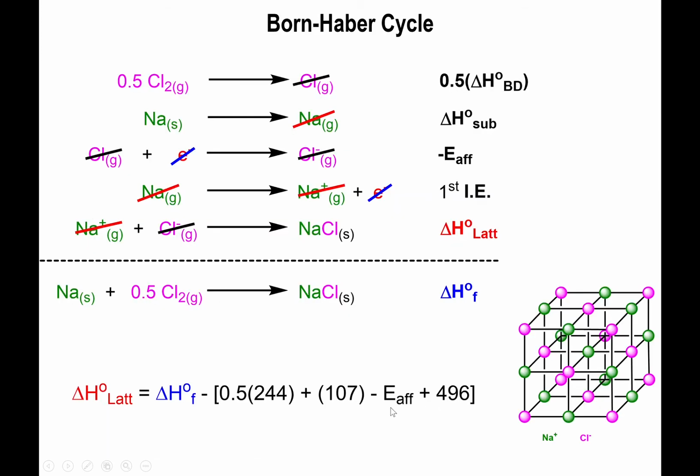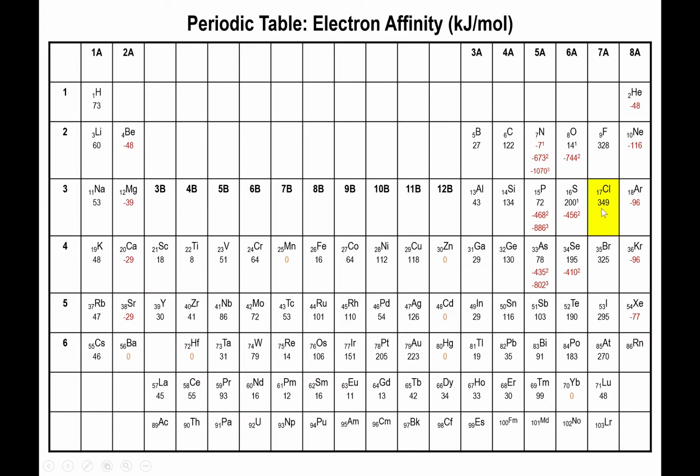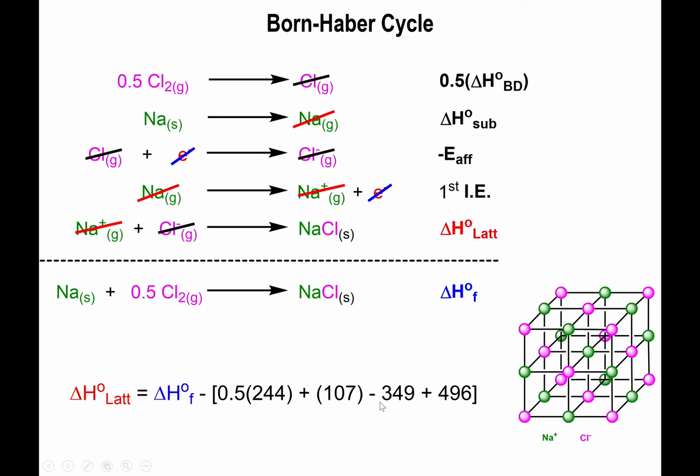And the electron affinity of chlorine is 349, so we're going to multiply that by -1, so now we have -349. Added together, everything in the brackets equates to -376. And the delta H of formation will have to be another value that I provide you with, which for sodium chloride is known to be -411. So altogether, the lattice enthalpy is -787 kilojoules per mole.